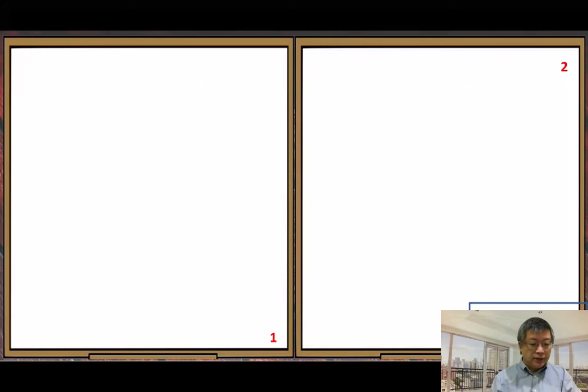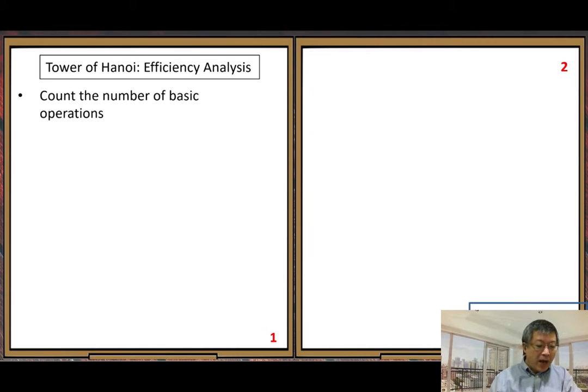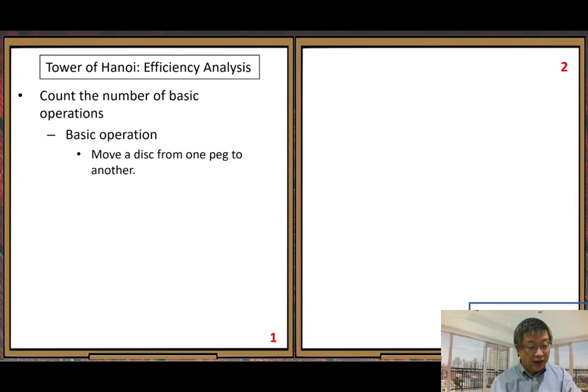All right, so let us look at our Tower of Hanoi problem, efficiency analysis. How many disk moves do we need to solve the problem with n disks? Count the number of basic operations. What is the basic operation? Very simple, we can see it easily.